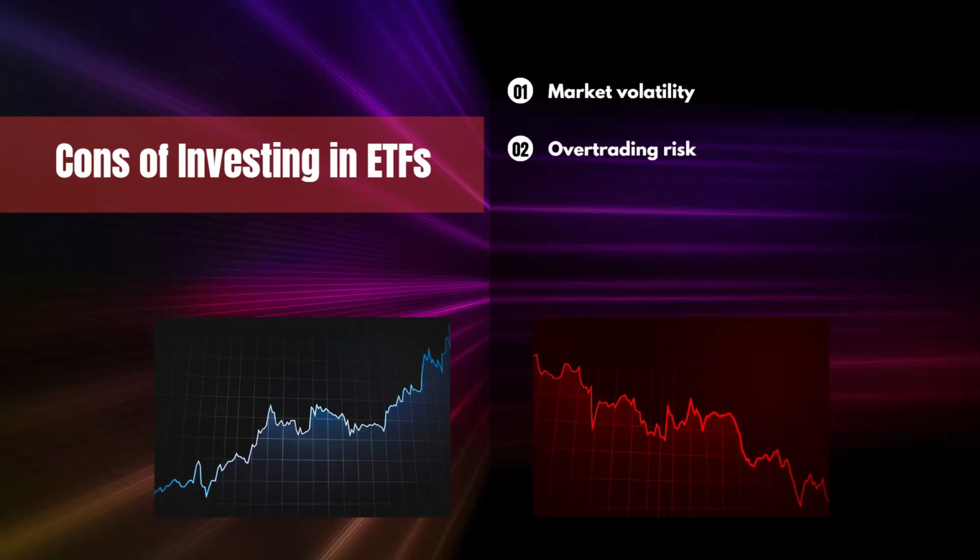So over-trading risk, that's also very common, especially for those who are just beginning to invest, right? For example, if I have $1,000 and I want to start investing, I might put all the 1,000 that I have into one ETF, but then I'm not diversified because it's all just one ETF, where I might go into several ETFs.